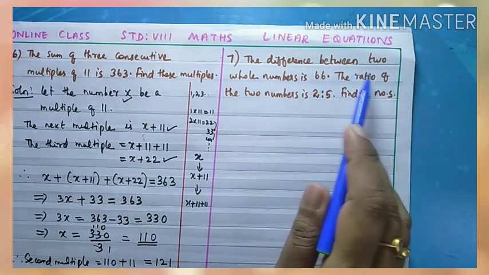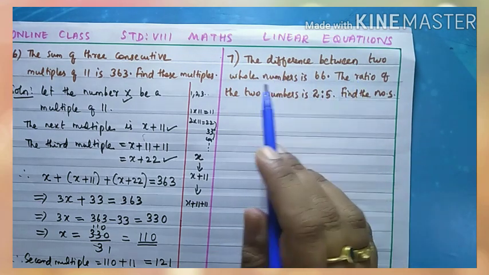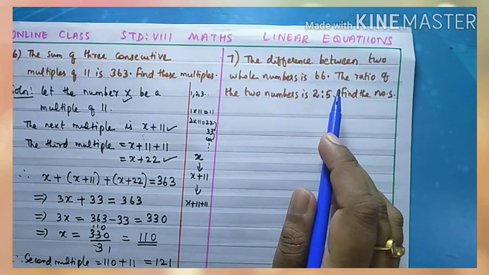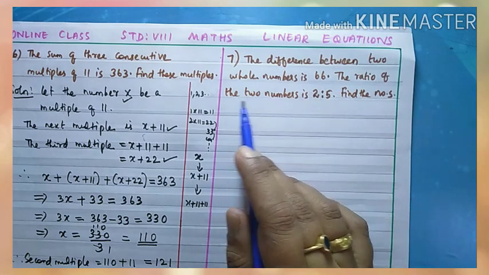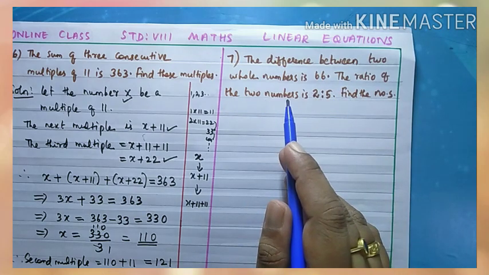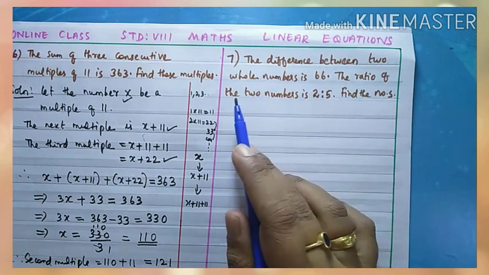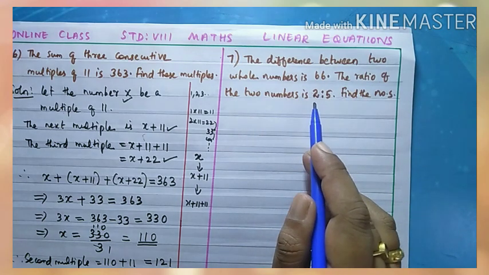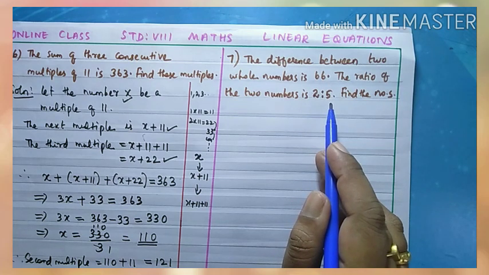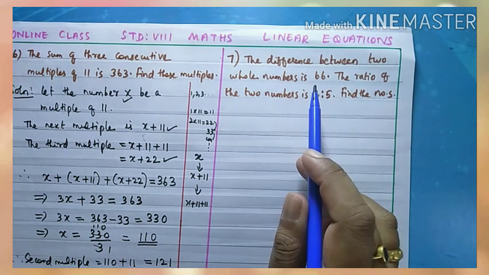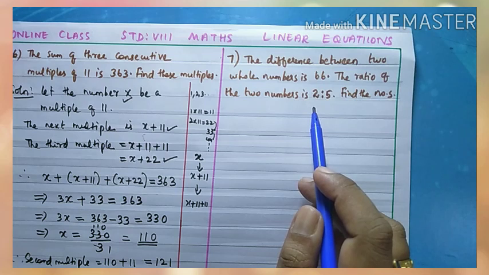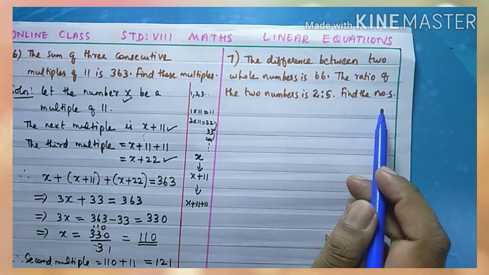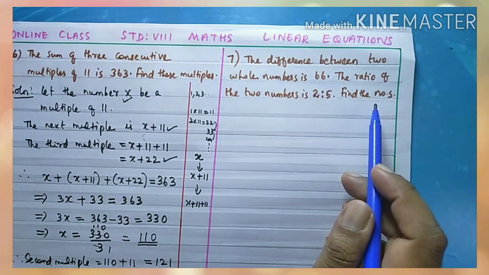That is the first sentence. Now the second sentence you see, the ratio of the two numbers. The ratio of those two whole numbers is given 2:5. So the difference is given and the ratio is given. Find the numbers. We want to find what are those two whole numbers.